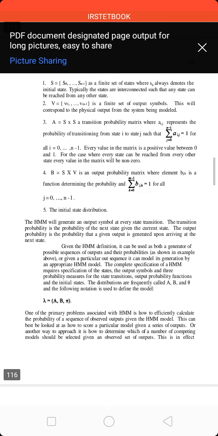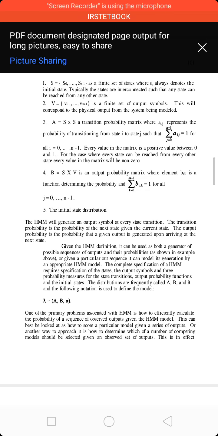So with this HMM definition, it can be used both to generate possible sequences of outputs and their probabilities, taking both outputs and probabilities into consideration. Out of this sequence it can model its generation and the appropriate HMM model.